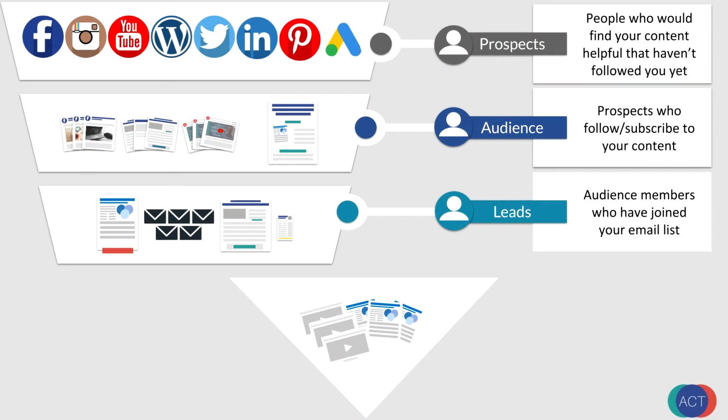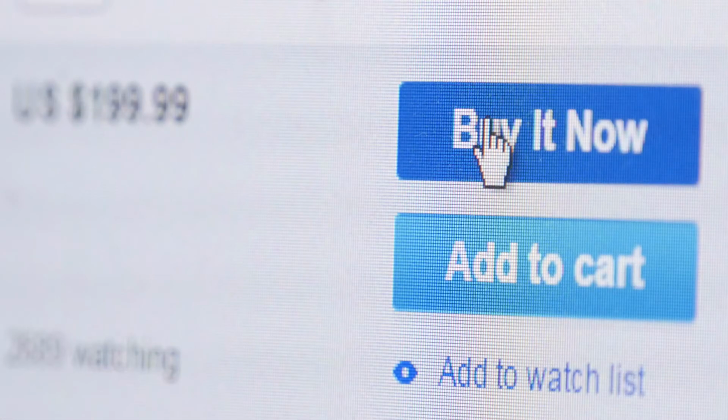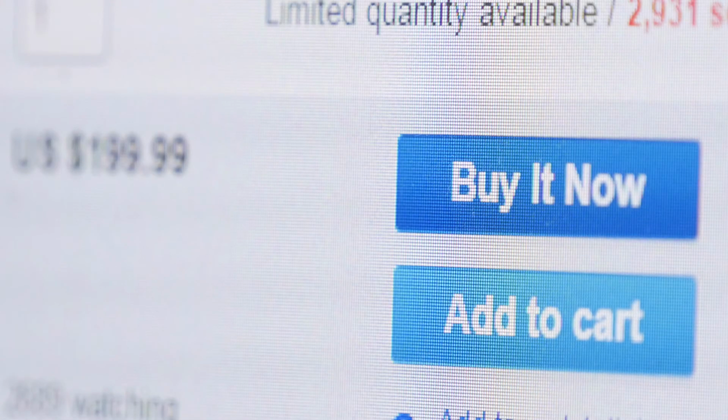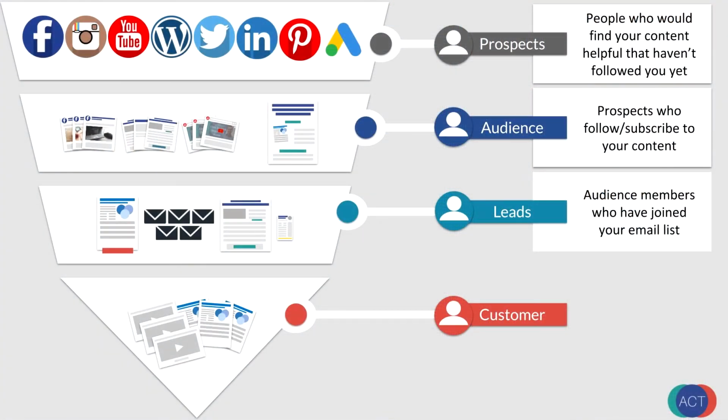Something very important when it comes to digital marketing is that the sales process doesn't start until someone's become a lead. You don't want to try and make sales to prospects and audience members because they're not ready. It's not until someone's become a lead that we actually want to try and transform them into a customer, which is the last step in our sales funnel process.